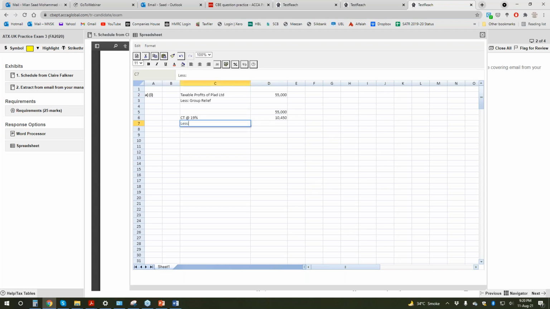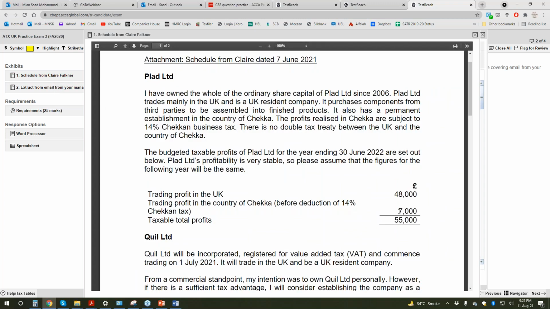Less, I have to deduct DTR. Now, it said that the profits in Check-in Limited were subject to 14% tax. Let me quickly go to the scenario. Yes, the profits are 7,000 and there was 14% tax. So obviously the DTR is the lower of the tax that has been suffered in the UK versus the overseas tax. So you can clearly see that overseas tax is lower, 14%, and UK tax is higher, that is 19%.